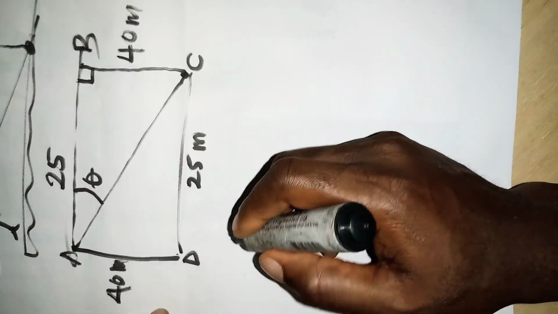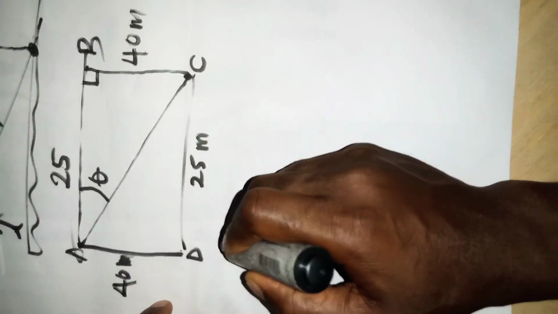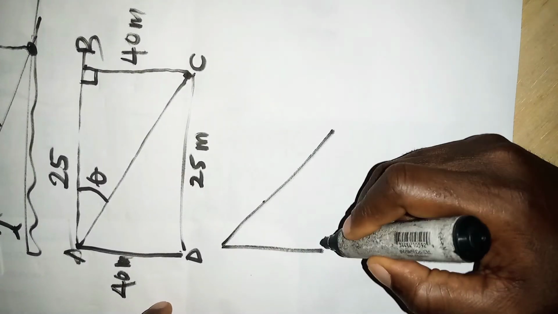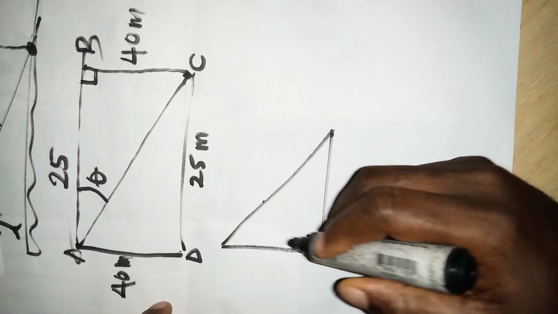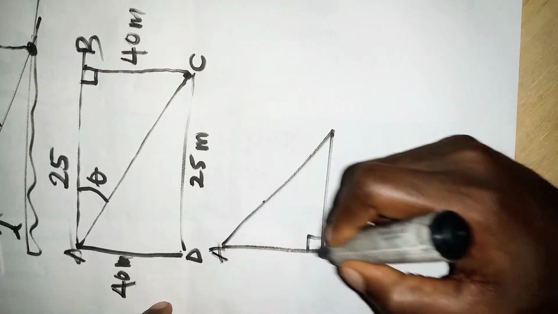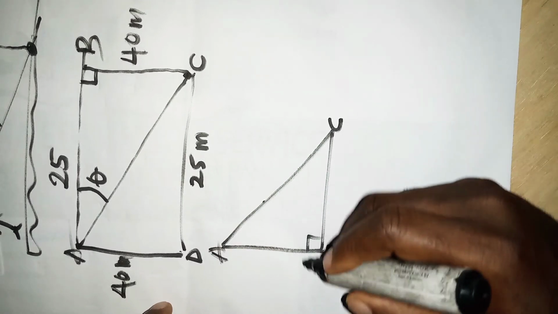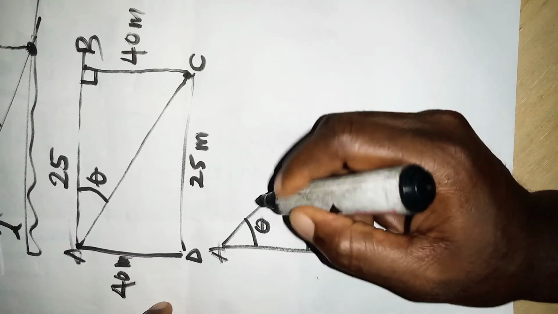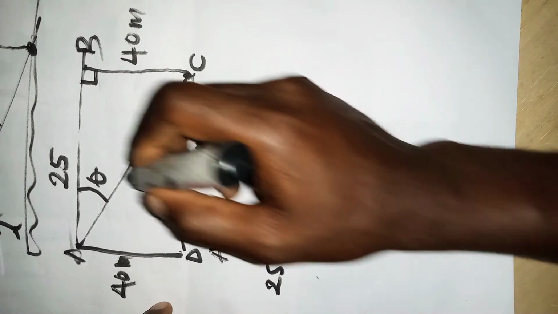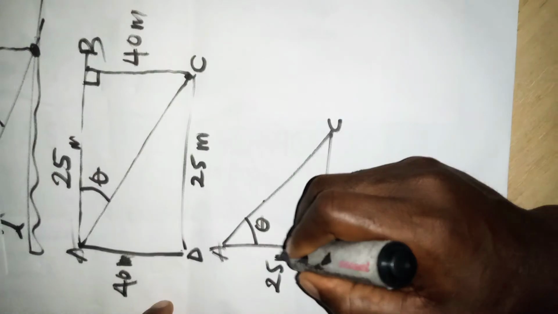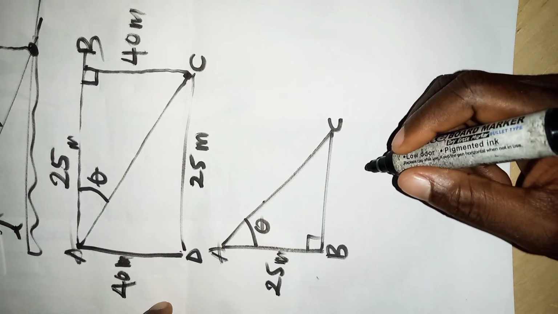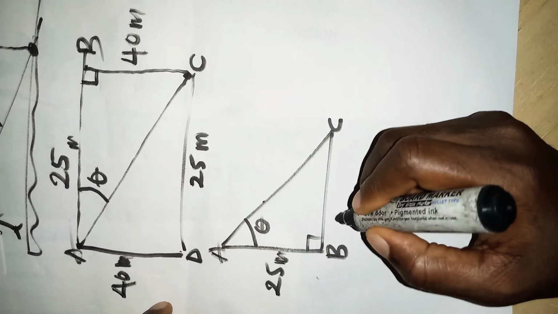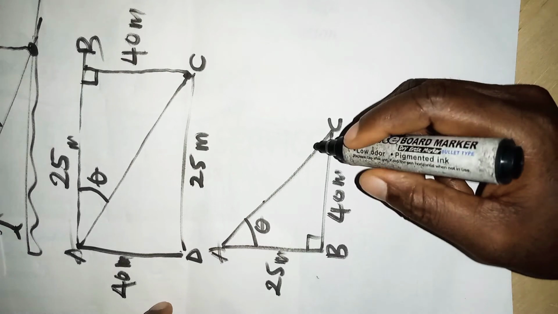Let's quickly redraw this. This is my A, this is my B, and this is my C. So my theta is at A, 25 meters over here, and the BC is my 40 meters.